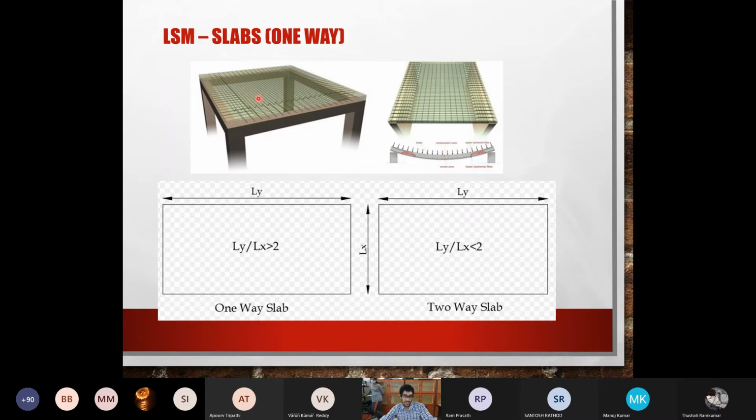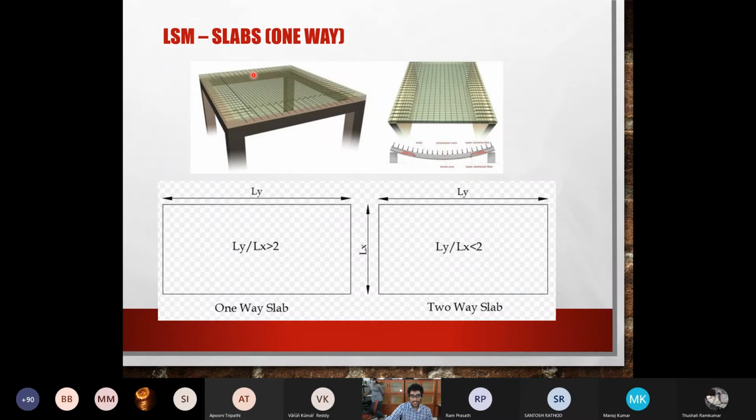How about here? How will the deformation be in this kind of a slab? Will it be the same everywhere, or where will the deflection be maximum in this slab? Center, sir. Center. Okay, it will be highest at the center.